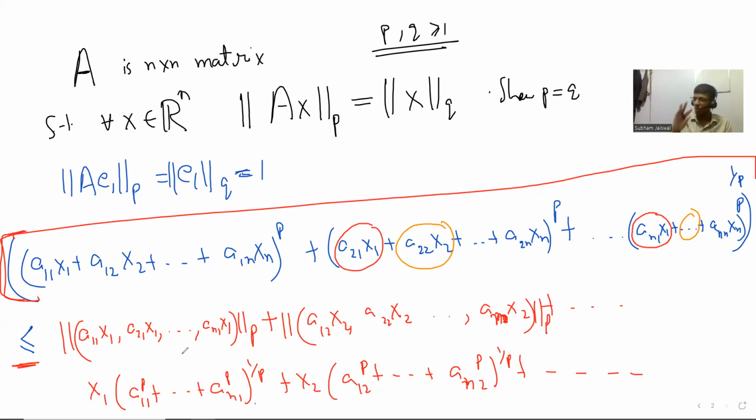Yes. So you should work this out in the 3 by 3 case. Just sit and work it out in the 3 by 3 case. You will see that Minkowski's inequality is what you have to apply. Okay. And then when these things become 1 and there are mods here, what do we get? We are getting that this quantity finally is less than or equal to the 1 norm of the vector x, because that is what it is, mod x1 plus mod x2 plus mod and so on.